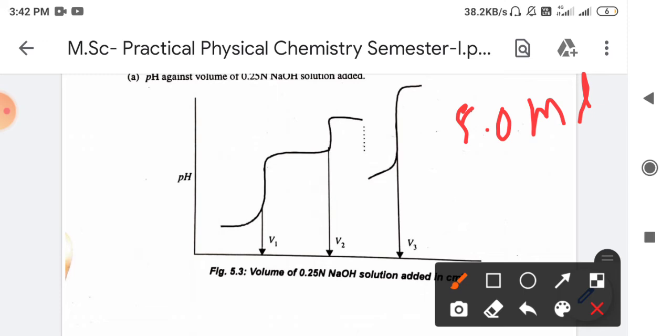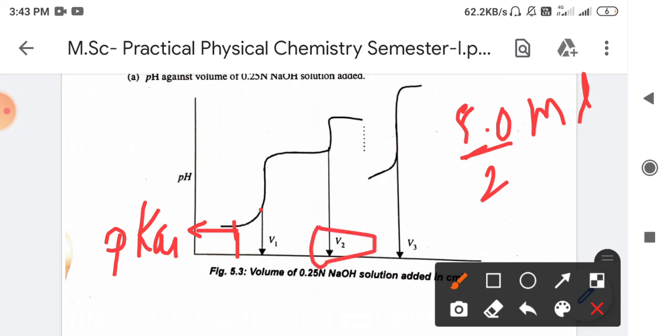So how will you find the pKa1 value? For finding the pKa1 value, I simply divide this V1 value by 2. Here 5 ml is there, so here 2.5 ml is there. For 2.5 ml, the corresponding pH value is my pKa1. Similarly for V2, suppose my V2 is around 7.